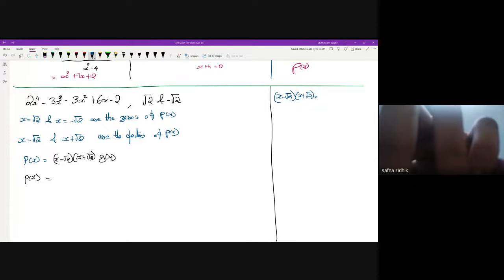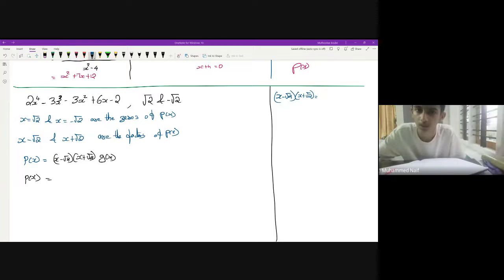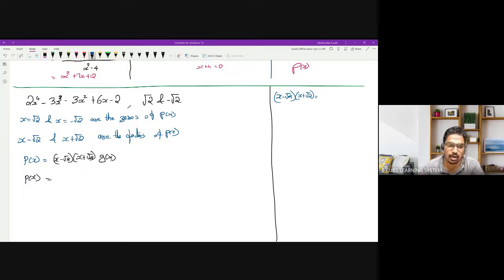What is obtained, Mohammed Naif, on multiplying? Sir, x square minus 4. X square minus 4. Check it, Amal Mohammed.